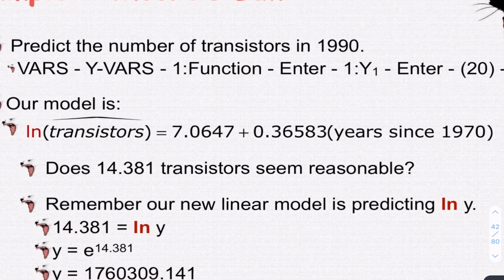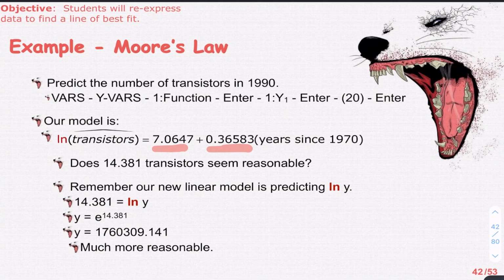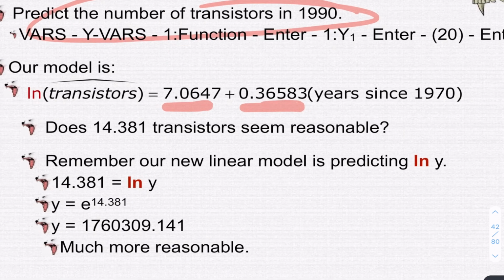So using our model, we have our y-intercept and our slope. It's asking us, can we predict the number of transistors in 1990? Since that's part of our data set, we are going to then plug in 1990. Now, I want you to think about, how do we actually use this?